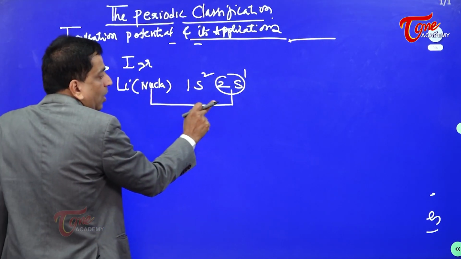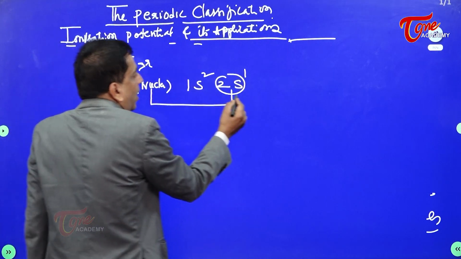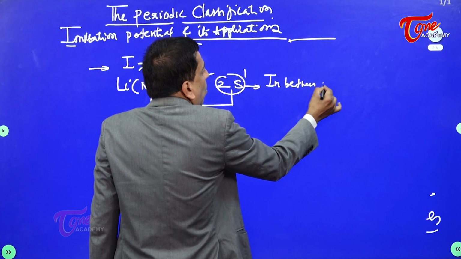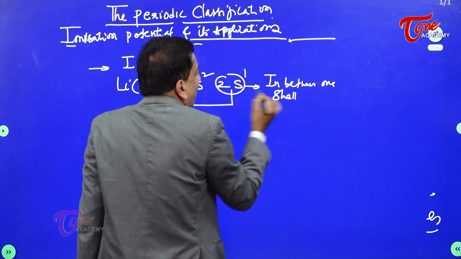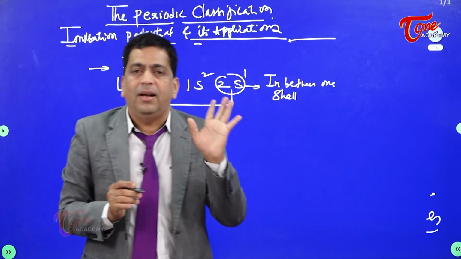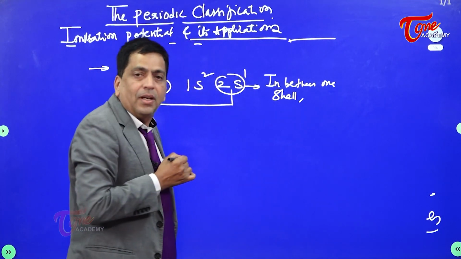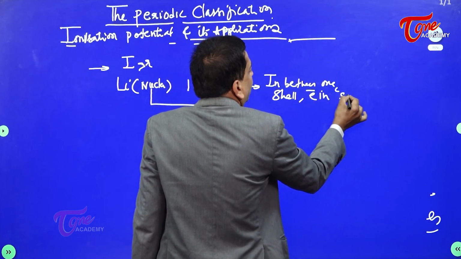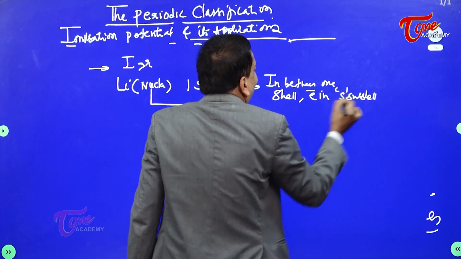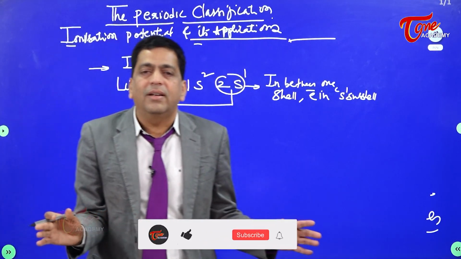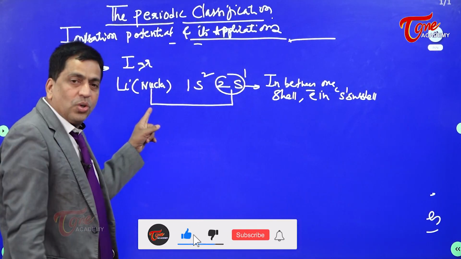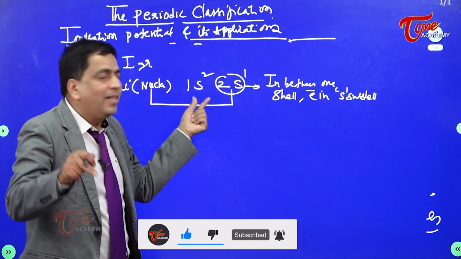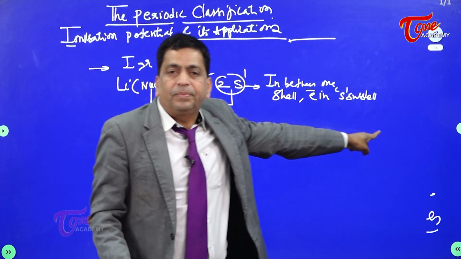Between the nucleus and the outermost shell, you have one shell in between, that is the first shell, and the electrons are in the s subshell. I am writing everything in detail. Between the nucleus and the outermost shell, you have the first shell, and the electrons are also in the s subshell.